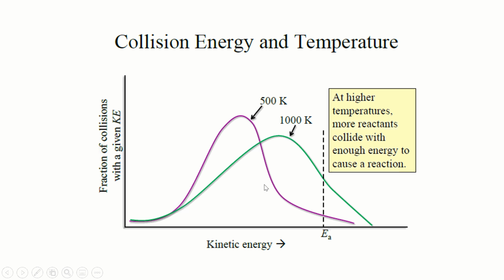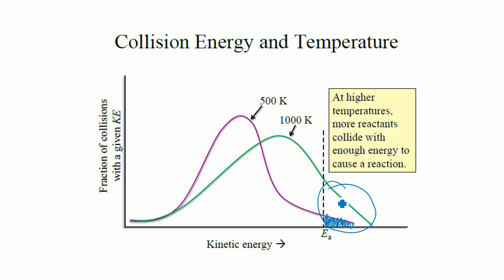Again, looking at it side by side, if you want to speed up a reaction, one way you can do it is by increasing the temperature. If you increase the temperature of a sample, then a greater fraction of your particles will have sufficient energy to react. Here in our lower temperature sample, only a very tiny fraction of my sample had enough energy to react.